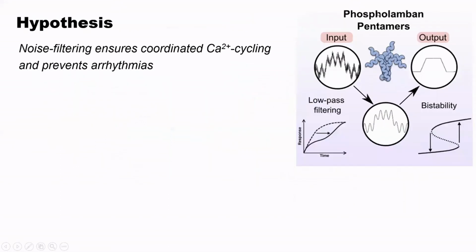So my current hypothesis is that this low-pass filtering and the bistability complement each other in order to promote a clearly defined phosphorylation state of phospholamban in the presence of fluctuating kinase activity. If you remember that phospholamban is an important regulator of SERCA and calcium cycling, and that calcium is well known to be an important factor in the pathogenesis of cardiac arrhythmias, I think that this noise filtering may be a way to ensure coordinated calcium cycling in heart muscle cells, and therefore maybe prevent arrhythmias.